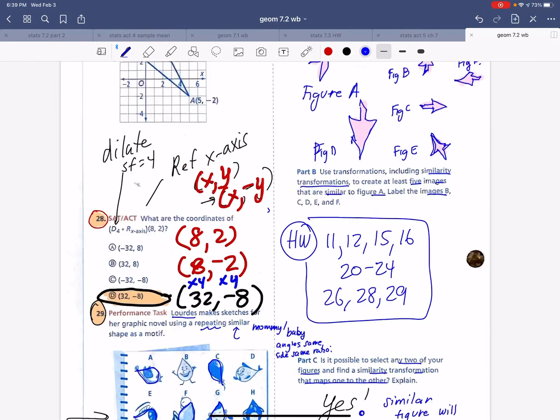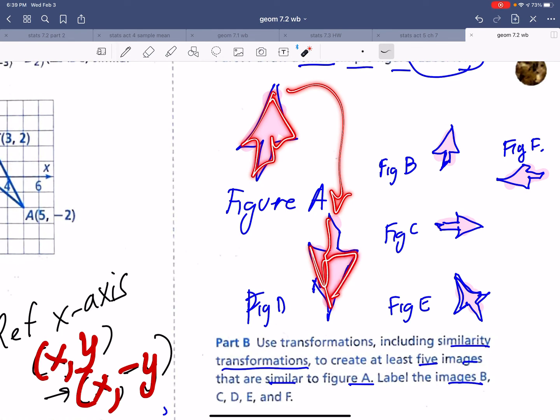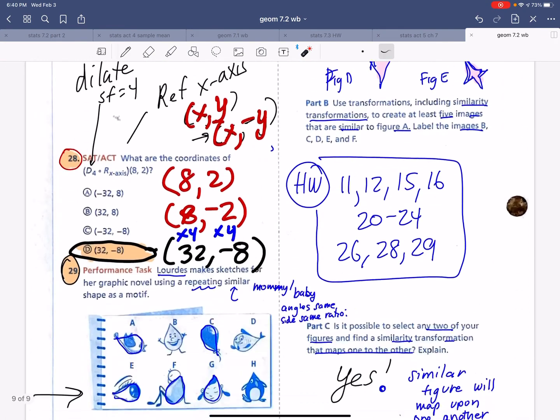So what do I mean by combinations of transformations? As I said, I flipped it over and scooted it down. Or I shrunk it and I spun it, right? Nice work, guys.